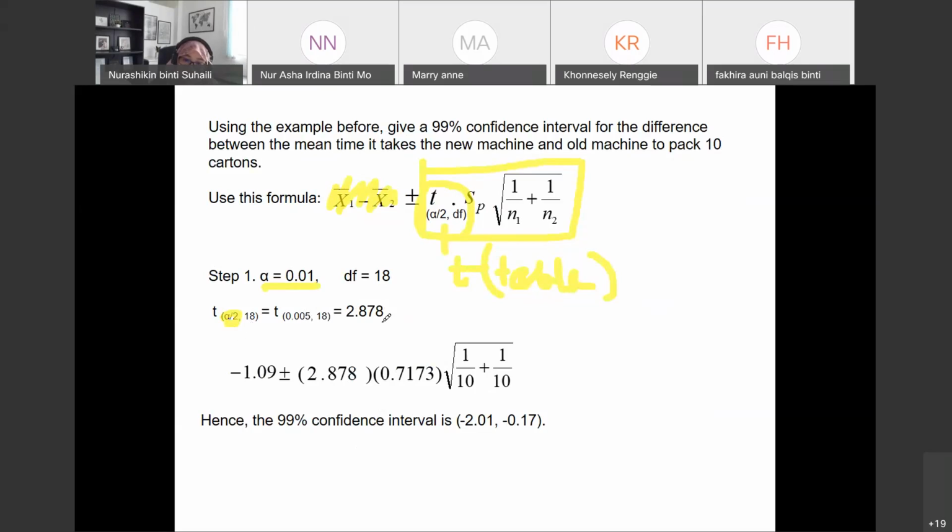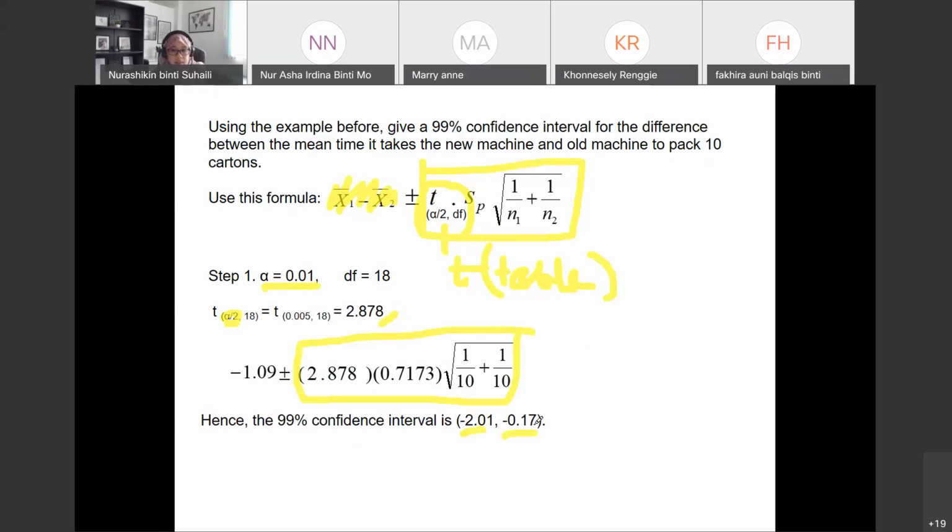This is the T given by that tail area. Once you have the information, you substitute into the whole expression: the T value, the SP, and the square root of this. At the end, you will get minus 1.09 plus minus the whole thing here.